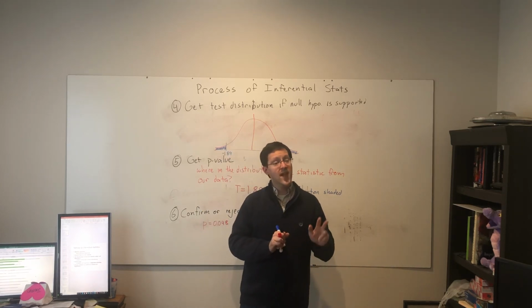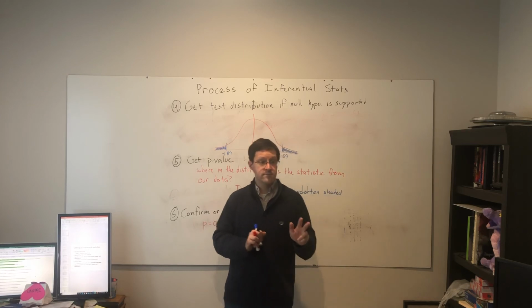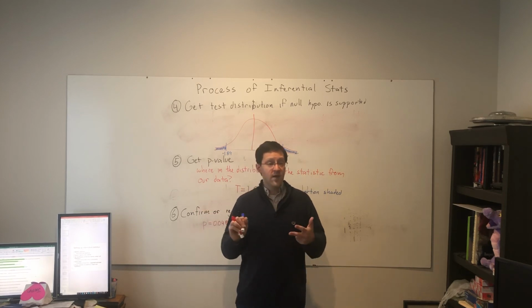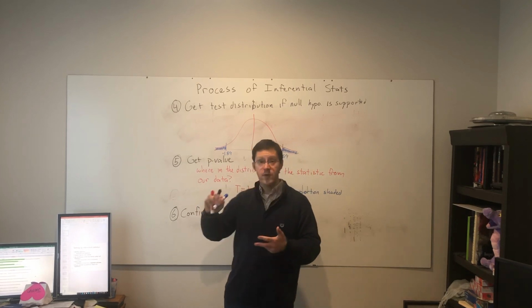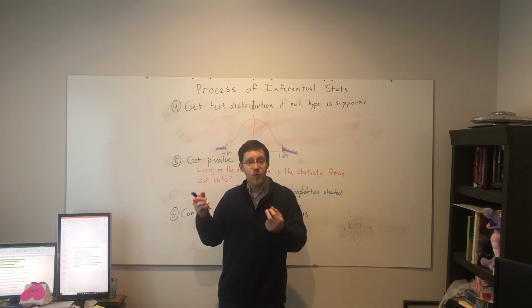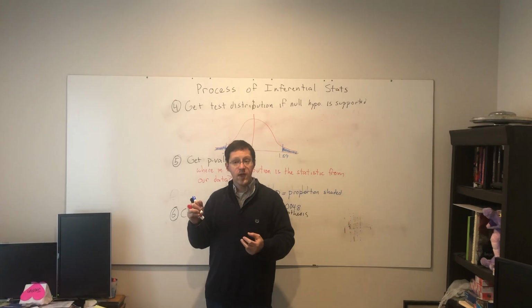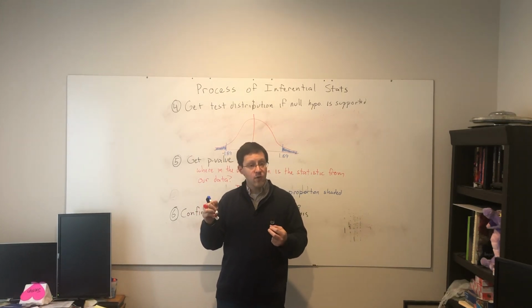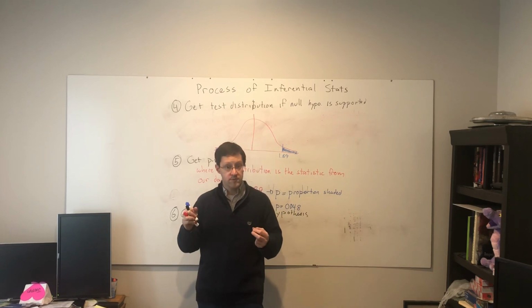Also, we pick a threshold of what likelihood of support we want for the null hypothesis to do this last step of confirming or rejecting the null hypothesis. We make that decision before we run the test, so that we cannot have those results bias our choice of that threshold.